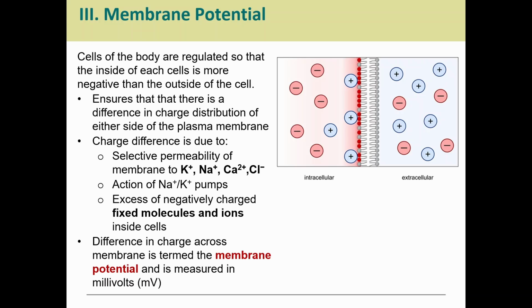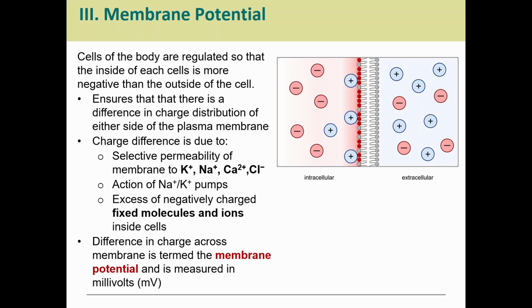So the cells of our bodies, right, they're all regulated, and we've been talking about how they get regulated a few different ways so far. I mean, one of the big things we've already talked about is how we regulate the solute concentration inside and outside of the cell. And we talked all about the transport that handled regulating solute concentration and osmolality.